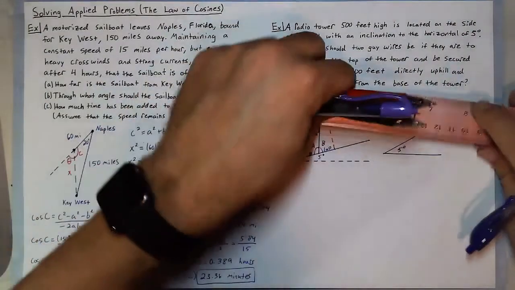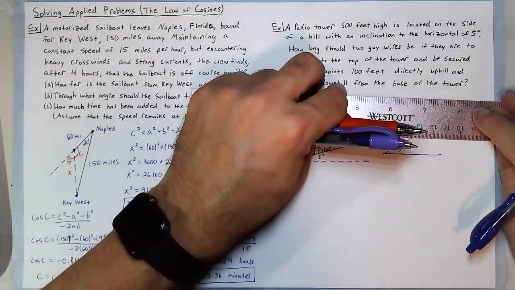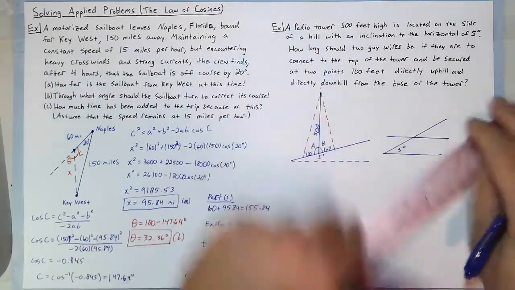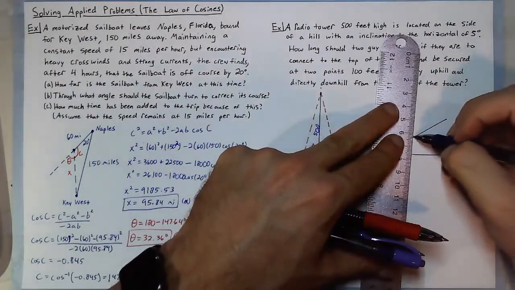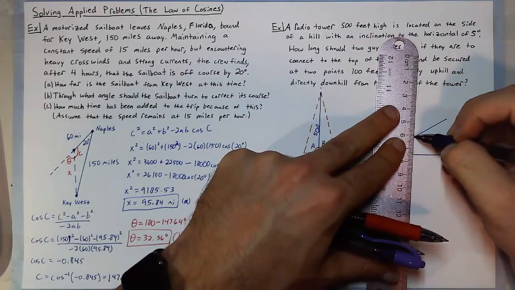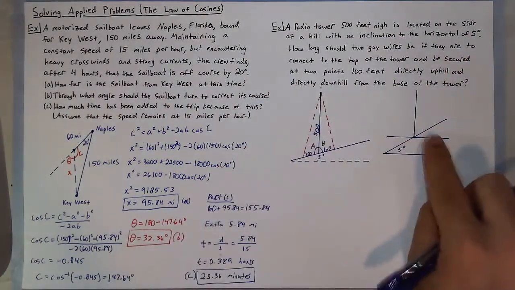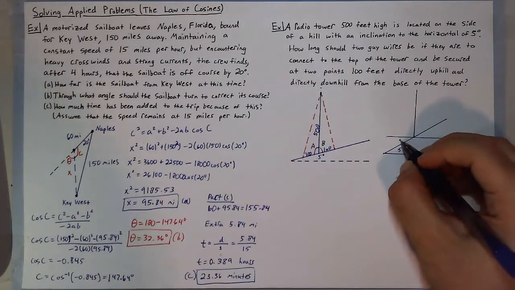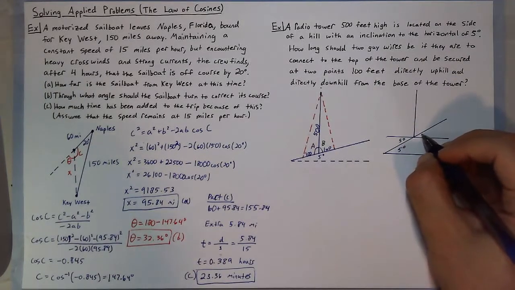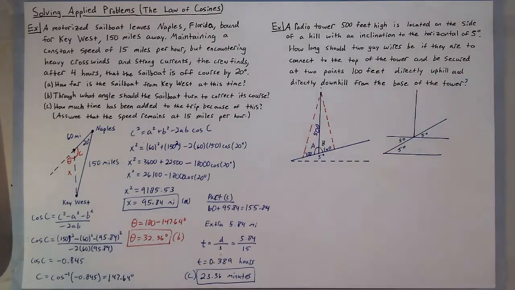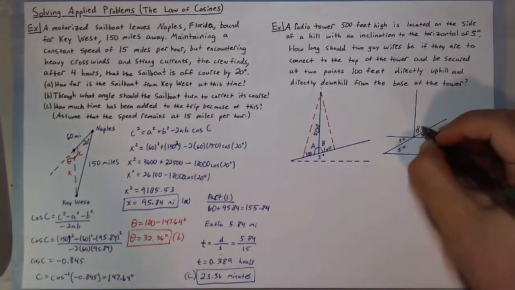And if I draw a parallel line to the horizontal, which the tower would also be perpendicular to, I can say, since these are parallel, that this angle here would be 5 degrees and that angle would be 5 degrees. Which means if this was 90, what's left up top would be 85 degrees.